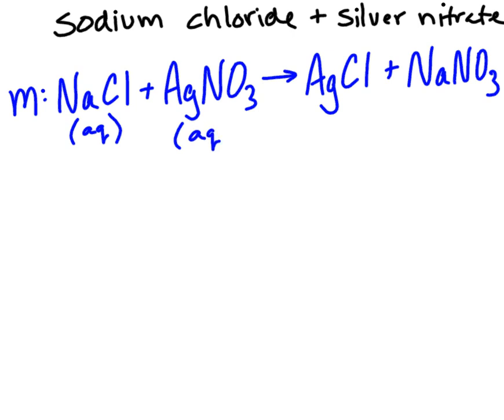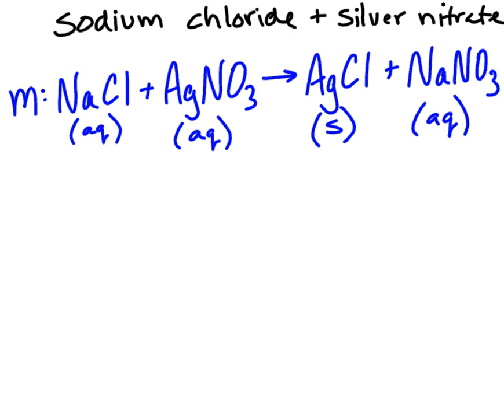If you look at your solubility rules, you'll notice that silver chloride is insoluble, so it's a solid. And then sodium nitrate is aqueous. So that right there is the molecular equation for the reaction of sodium chloride and silver nitrate coming together.